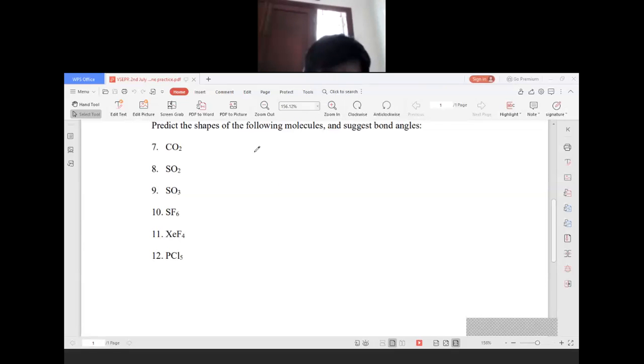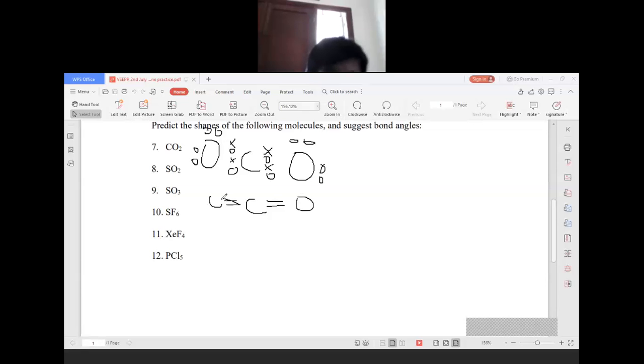So carbon dioxide is like this: carbon with electrons shared with oxygen on each side, or we can draw it as a double bond to each O. So there are 4 bond pairs, but these consist of 2 double bonds.